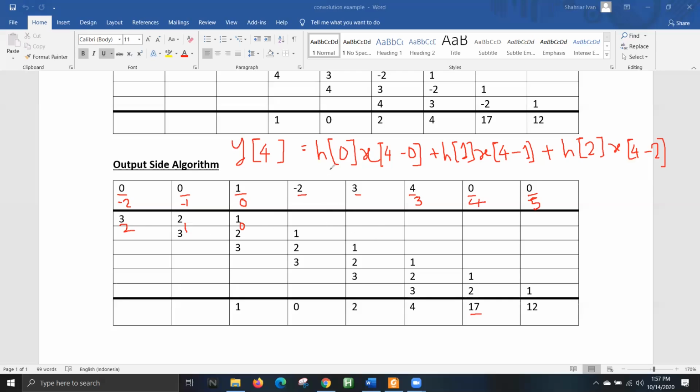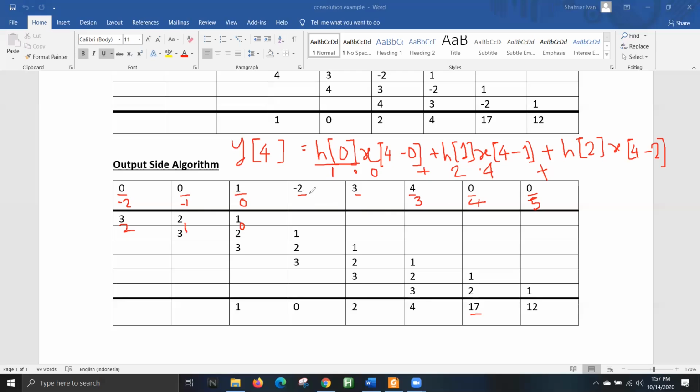So h0 is 1, times x4 minus 0. What is x4 minus 0? x4 minus 0 is x4, which is 0. Notice that it is 0, plus h1. What is h1? 2. So 2 times x4 minus 1, which is x3. x3 is 4, so 2 times 4, plus h2 times x4 minus 2. x4 minus 2 is x2, which is minus 2, and h2 is 3.